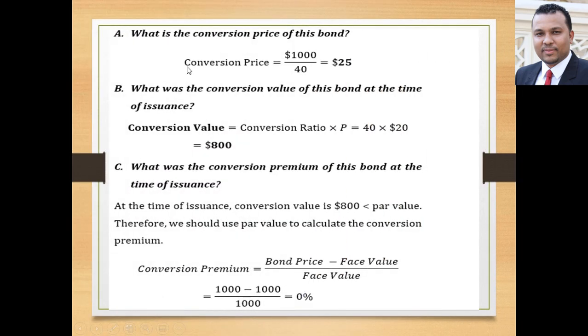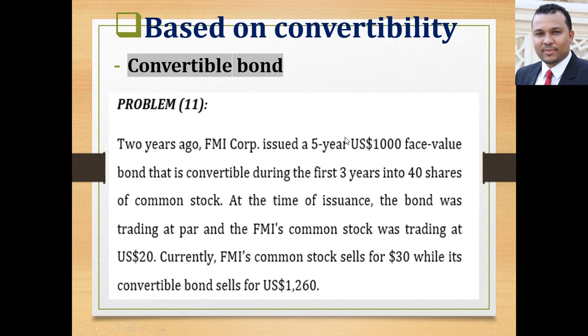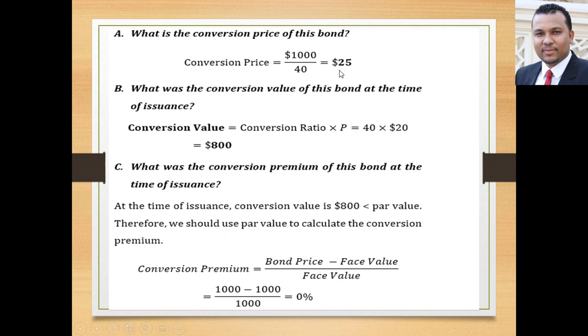Number one, what is the conversion price of this bond? To calculate the conversion price, the face value is divided by the conversion ratio, 40 shares. $1,000 divided by 40 equals $25.